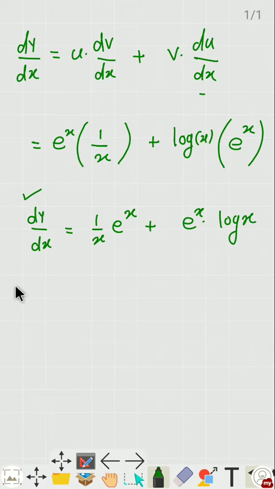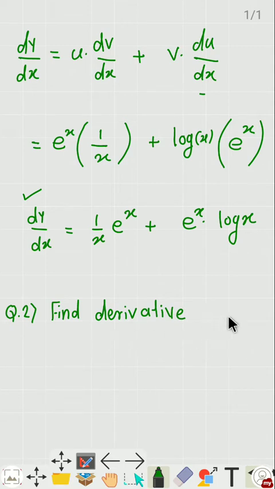Let us take one more question based on this rule. Question number 2. Find the derivative of the function y is equal to, and that function is, suppose it is x raised to the power 10 into, I want one function that is 5 raised to x, suppose.